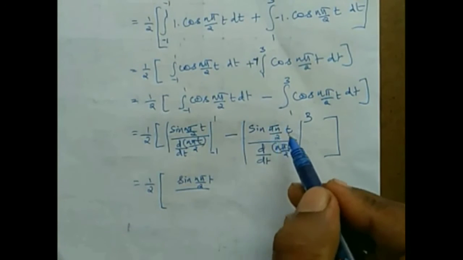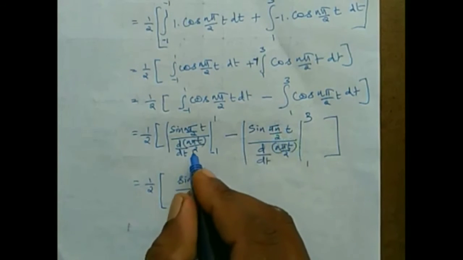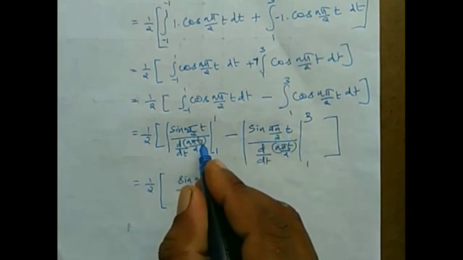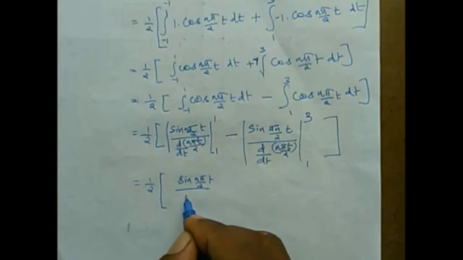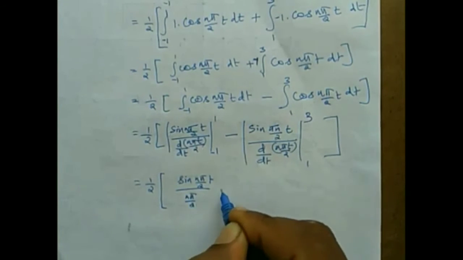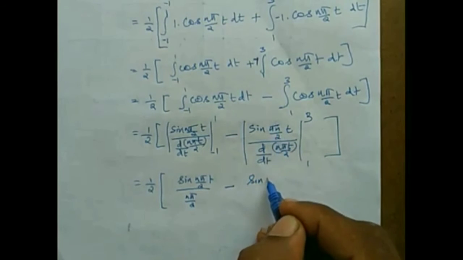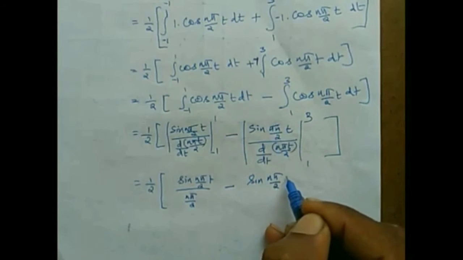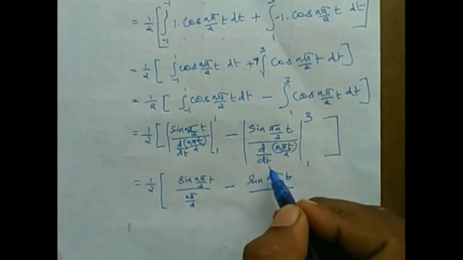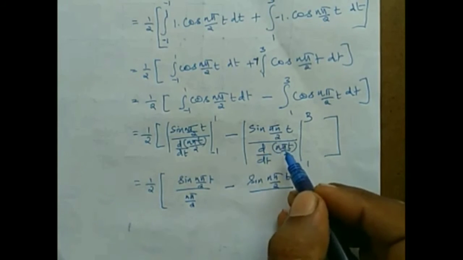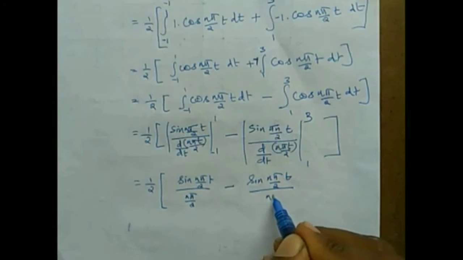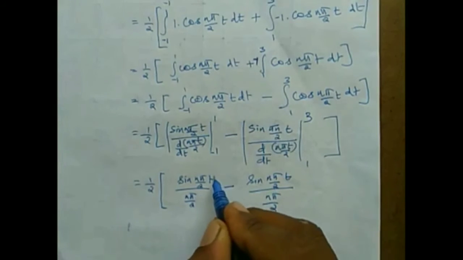The angle is n pi by 2 t. D by dt of n pi t by 2 is equal to n pi by 2, minus this term sin n pi by 2 t divided by, again, d by dt of n pi by 2 t, which is equal to n pi by 2 itself.